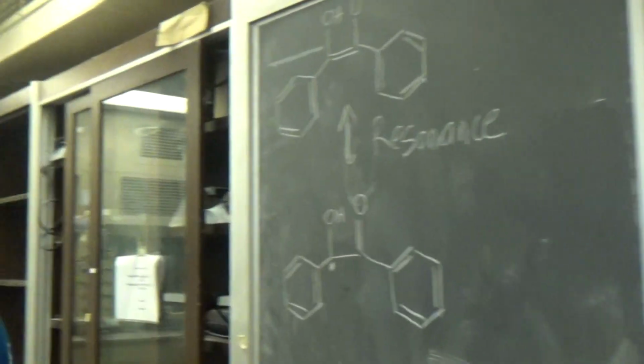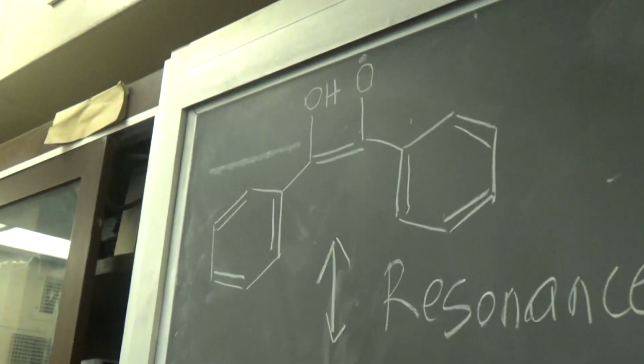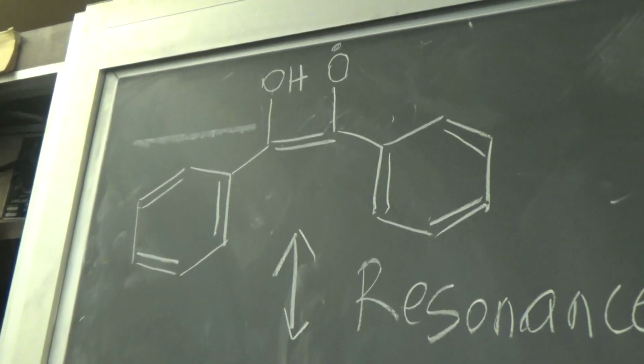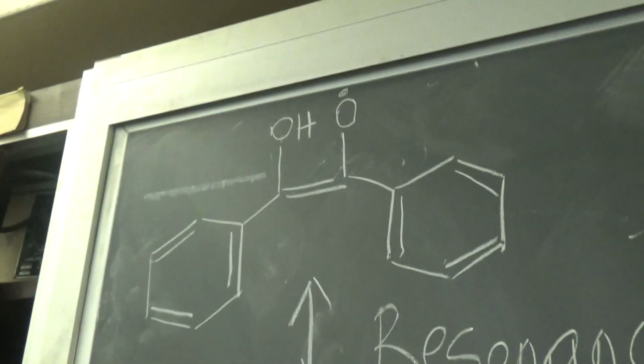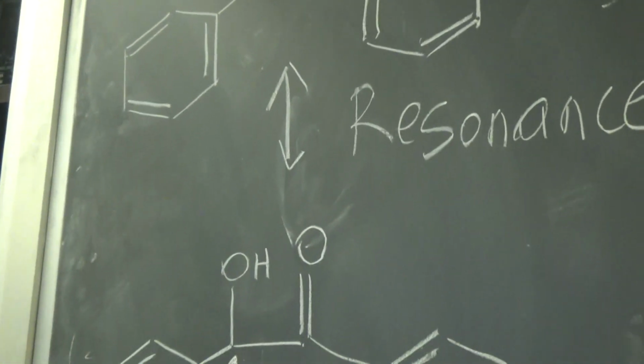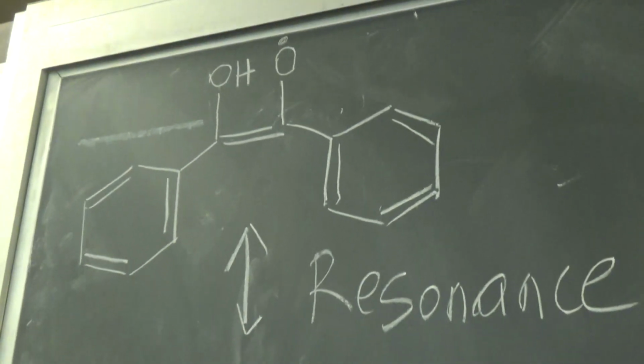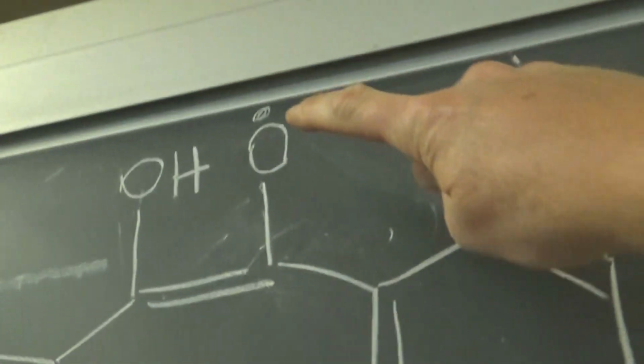We're going to do something kind of cool to show how they're in resonance. Usually when we draw resonance, we draw curly arrows, sort of like a mechanism. But we can actually show how these are resonance structures. I'm going to take the radical up here.